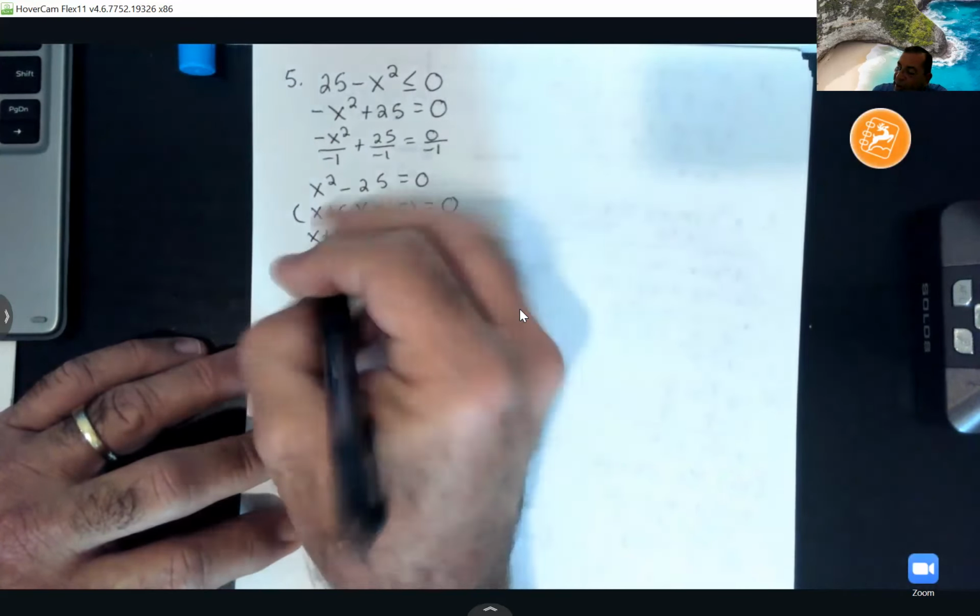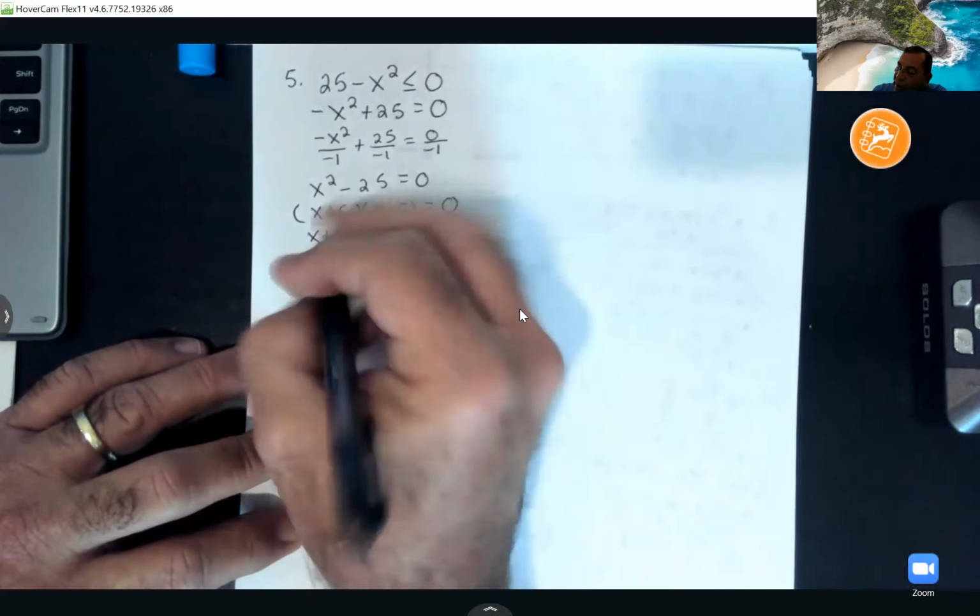All right, let's see. Number 6, I got 10x minus 25 minus x squared is less than 0. So this one to me is like number 5. I'm going to put everything in order, and then I'm going to make that x squared positive again, okay? So first putting them in order, -x squared plus 10x minus 25.